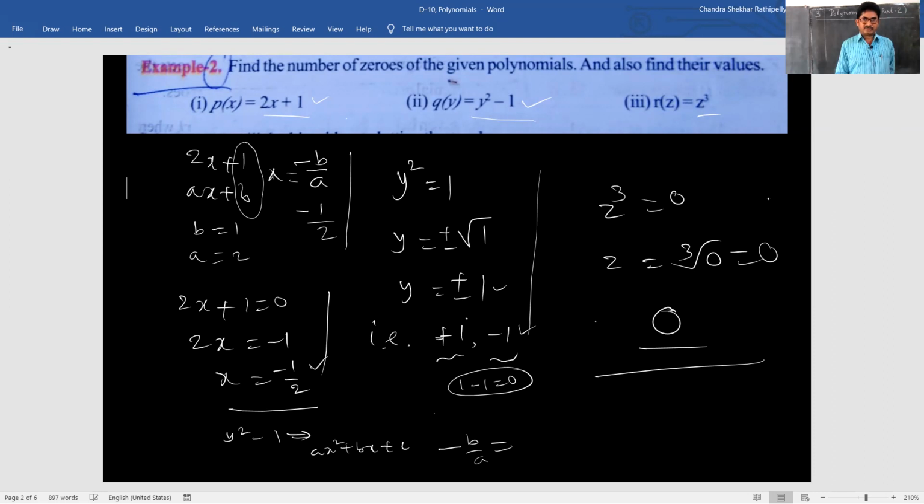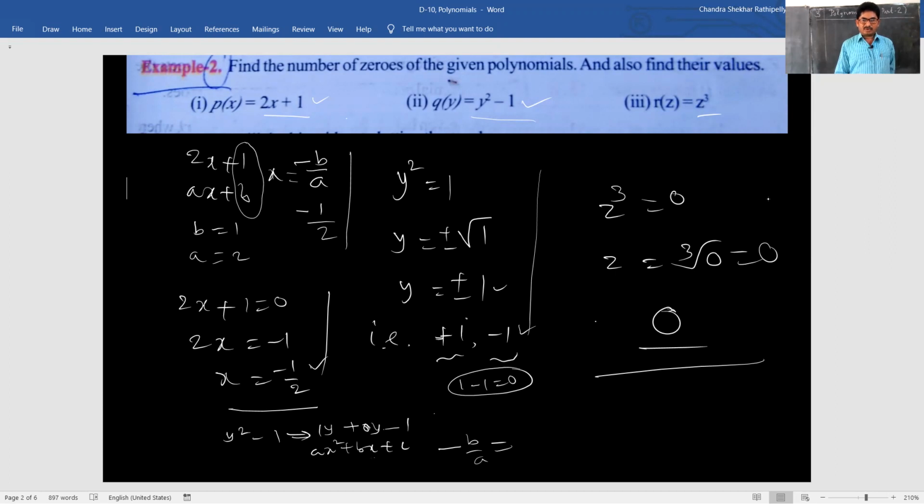So 1y square, and since we don't have a y term, 0y, and the constant term minus 1.